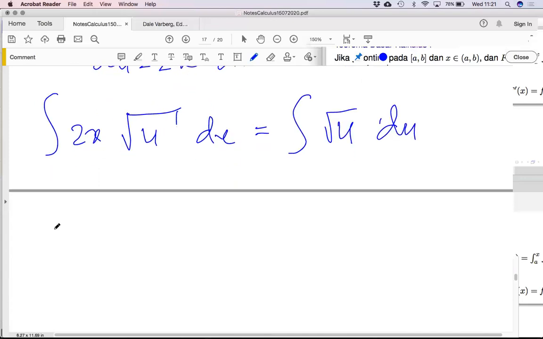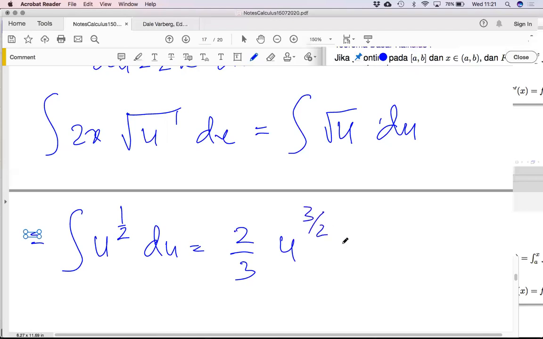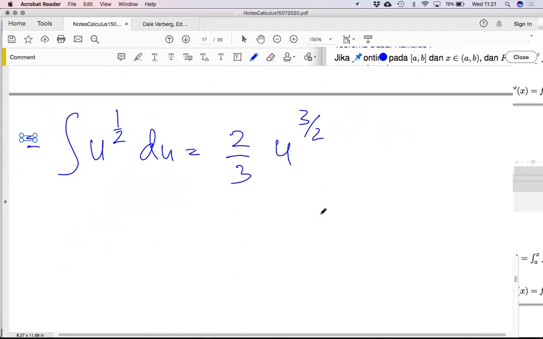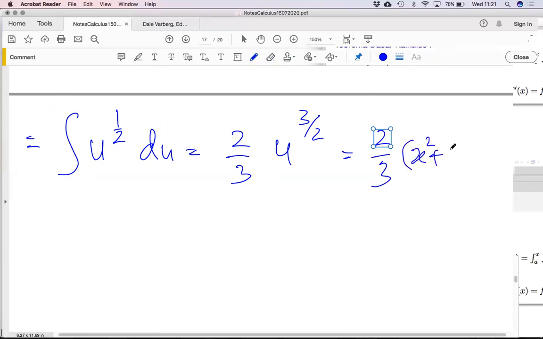Now you have that the integral is equal to the integral of u to the power half du. It is nothing but 2 over 3 of u to the power 3 over 2, which is the same as 2 over 3 times (x squared plus 4) to the power 3 over 2.